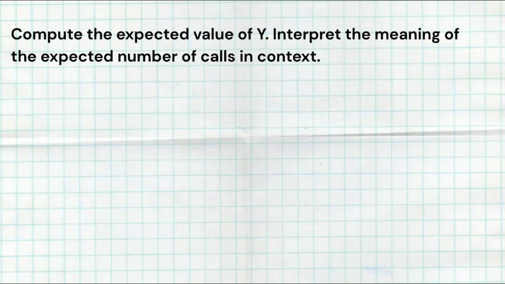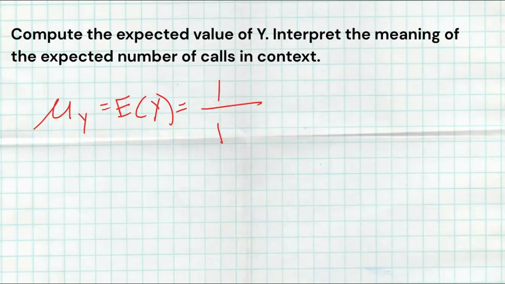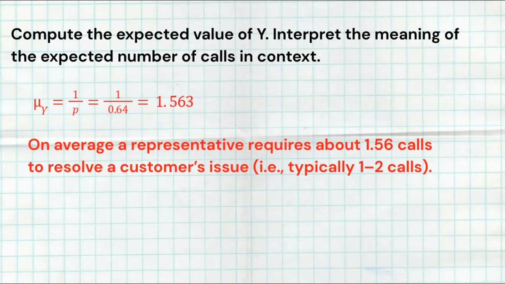All right, the next question says, compute the expected value of Y and interpret the meaning of the expected number. So the expected number is the mean of Y, or again, we could call it the expected value for Y. And in a geometric distribution, very simple formula, 1 over the probability of success. So here it is. If I take 1 divided by the probability of success, which is 0.64, we get 1.563.